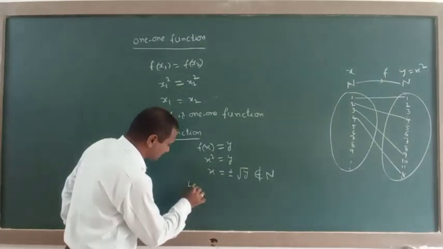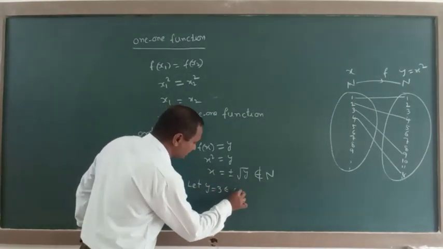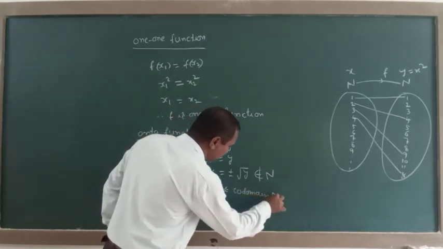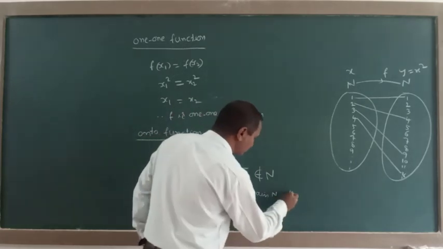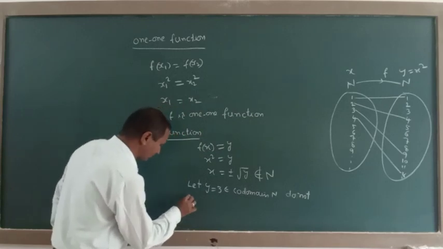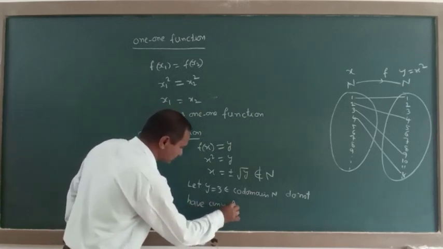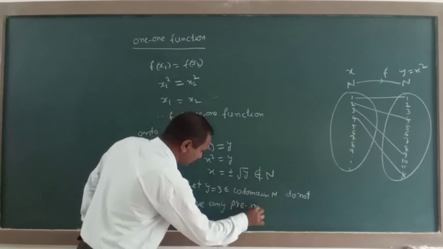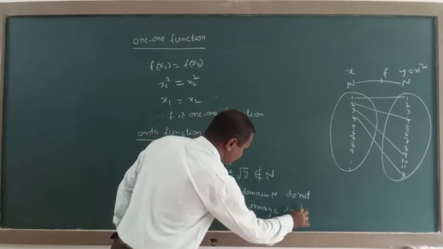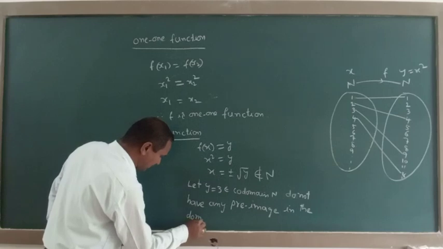Let y is equal to 3 belongs to codomain N. It does not have any preimage in the domain N.